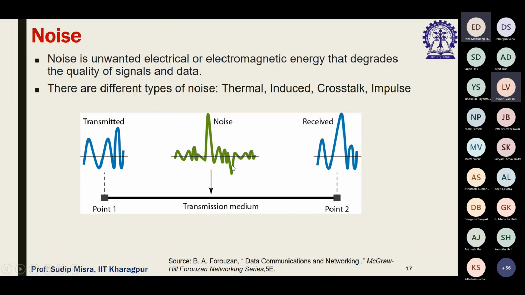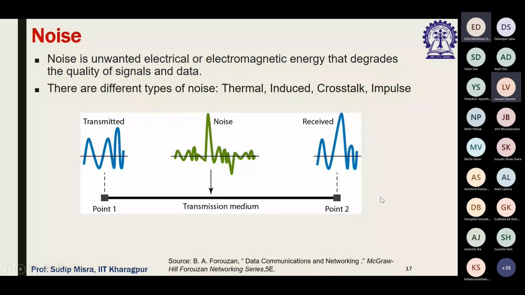Noise is also a signal, right? This noise comes in as a signal and it degrades the quality of the signal in this manner. So if this is the transmitted signal, due to the noise, the signal quality is changed over here at the receiver end.